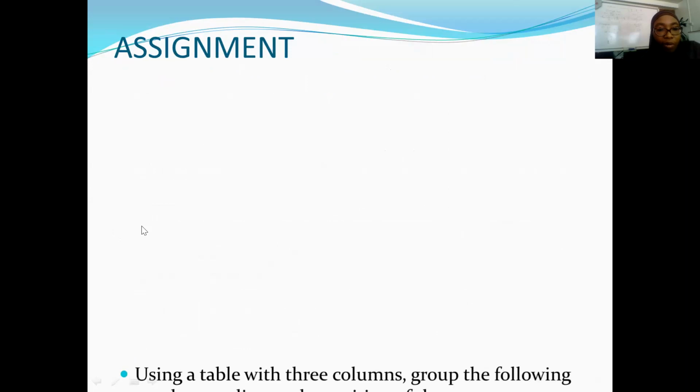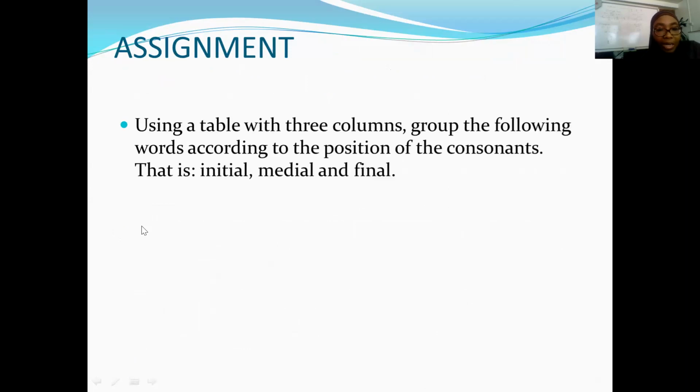Oh, beautiful. We've come to the end of today's lesson, and you have an assignment. Summarily, I'm going to summarize all we've looked at. In the English language, as words as well as letters, the topic is consonant clusters. That is, we're looking at clusters of consonants.